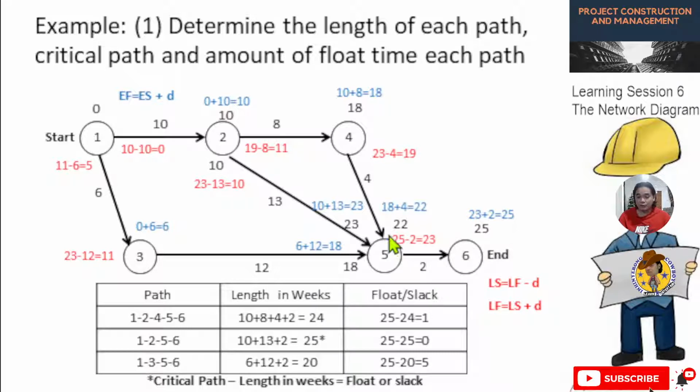So we will go to the first one up. So 23 will become the last finish for this activity. So 23 minus 4, the duration, it will become 19. So 19 now will be the last finish for this activity.